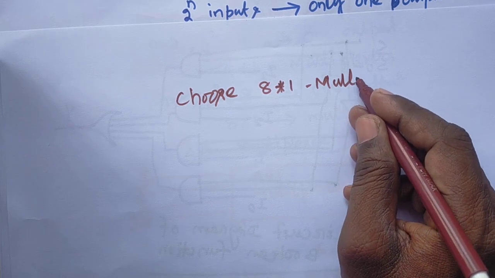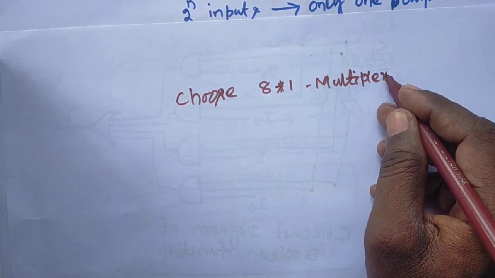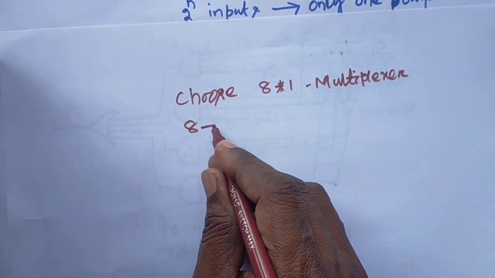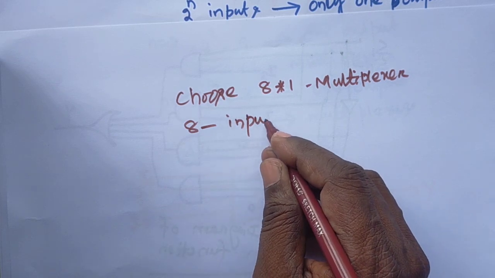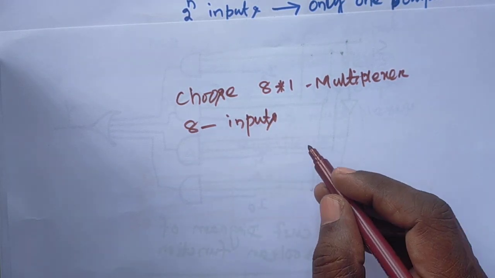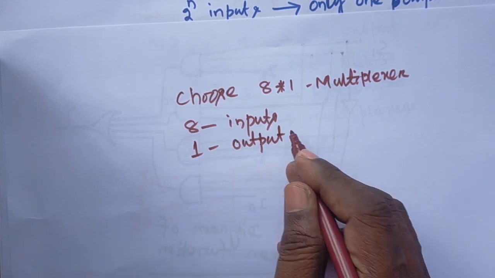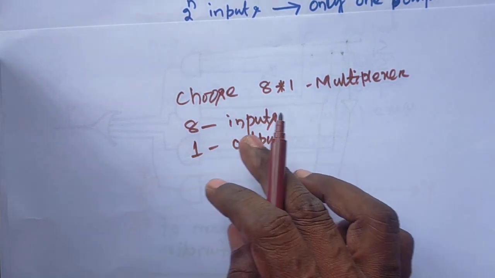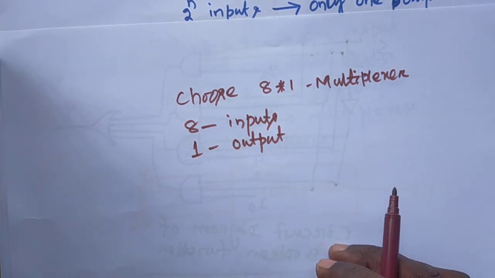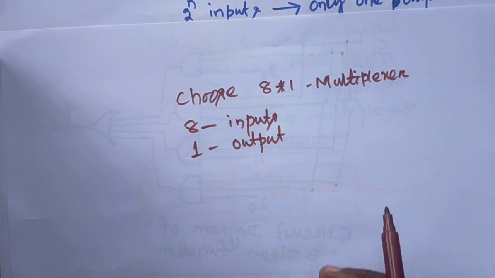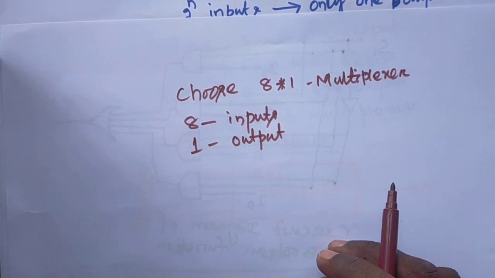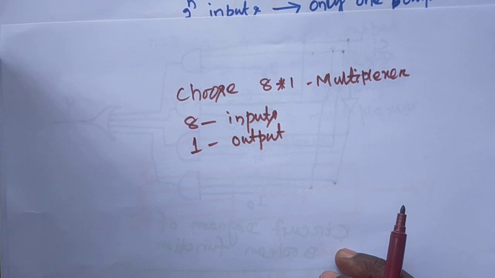Then 8 are inputs and 1 is the output. The 8 inputs are provided to that multiplexer. If 8 inputs are provided, which input will be considered as the output?